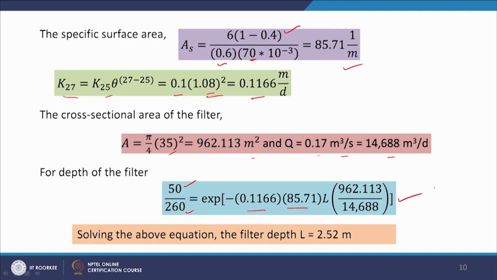So, this is the expression we are getting now. From this, the unknown is L, all others are known. So, solving the above equation, the L value is becoming 2.52 meter. So, now we are able to find out the depth of the trickling filter.